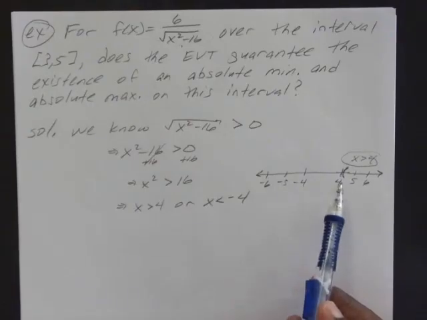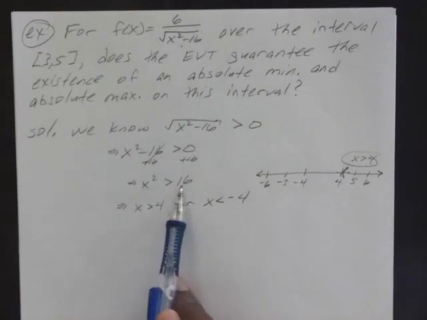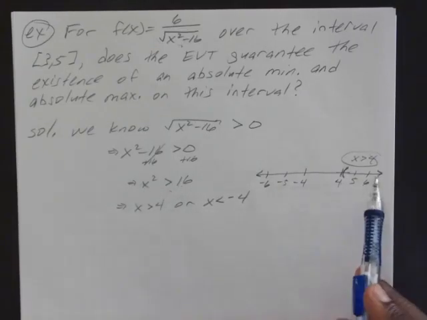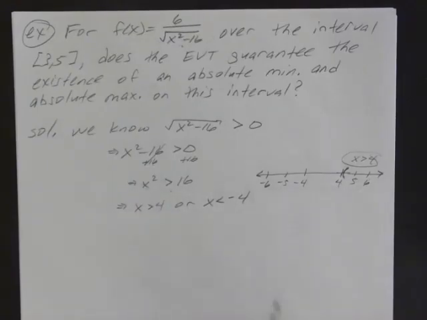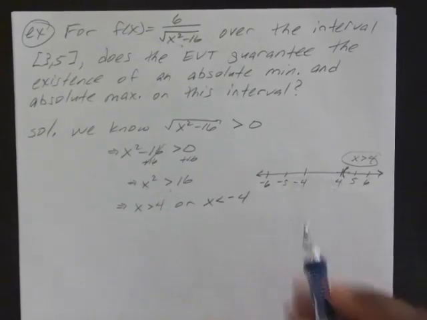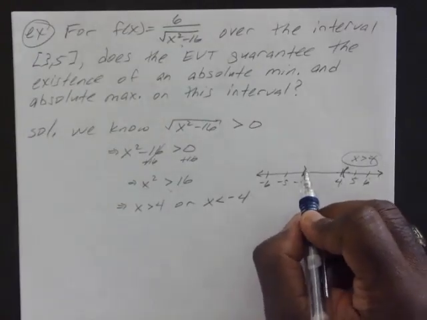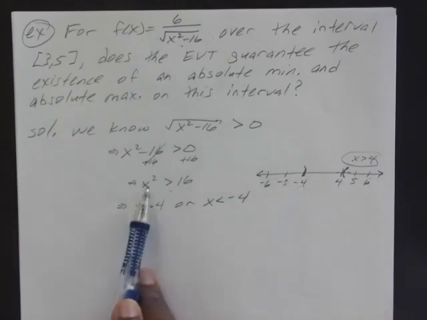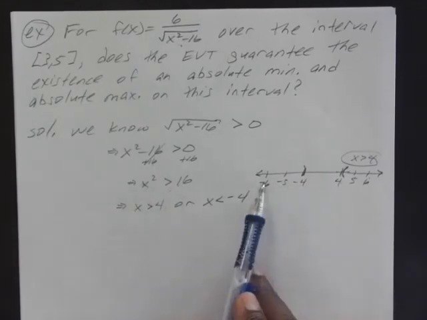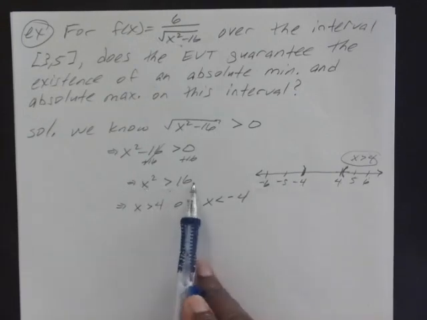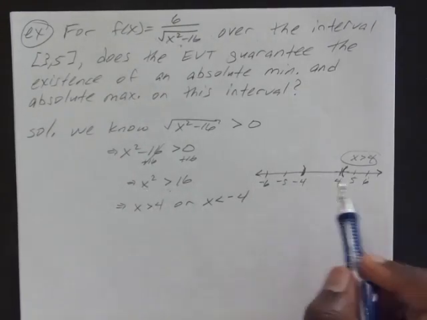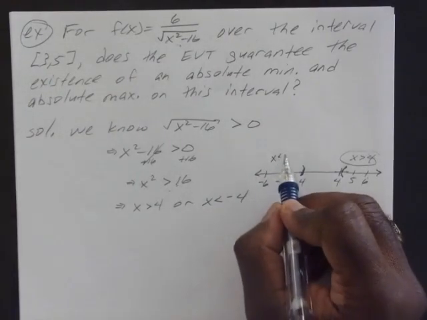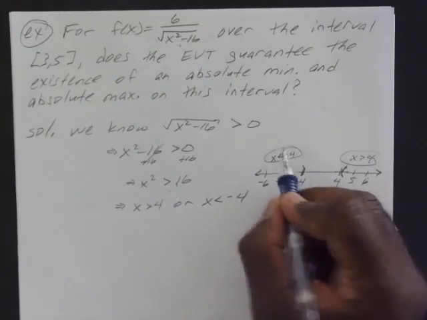So 4 squared wouldn't make it true because 4 squared is equal to 16 and it's just greater than. But if you put in 5 squared, 25 is greater than 16, 36 is greater than 16, all of those will work. Now, if you plug in any value less than negative 4, say negative 5, negative 5 squared is positive 25, which would make it true. Negative 6 squared is positive 36, which would make this true. You can't pick any number between there because they wouldn't work. So any number greater than 4 or less than negative 4 would make this true.